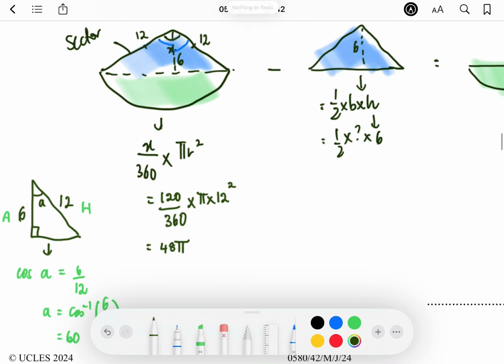We can draw, base-nya mana nya? Base. This one. So, from tadi, we know that this is 60. We know this is 12. We know this is 12. Anything else that we know? Anything that we can use to find the value?